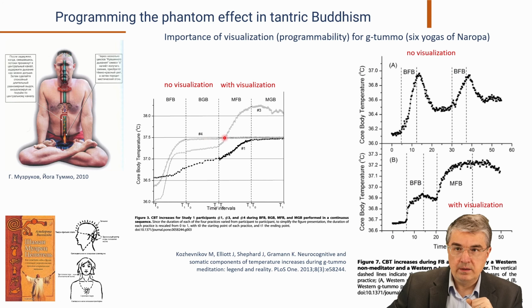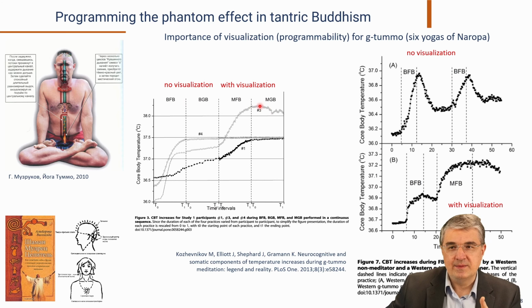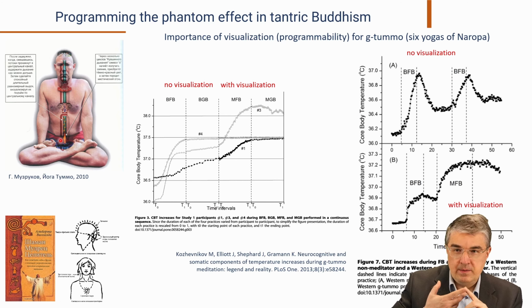But after this, this monk switched on the implant with visualization, and we see that temperature increased over 38 degrees Celsius. This is an absolutely stressful situation for the organism, and it shows how heavily the implant can influence thermoregulation, metabolic, and immune systems inside of the human body.